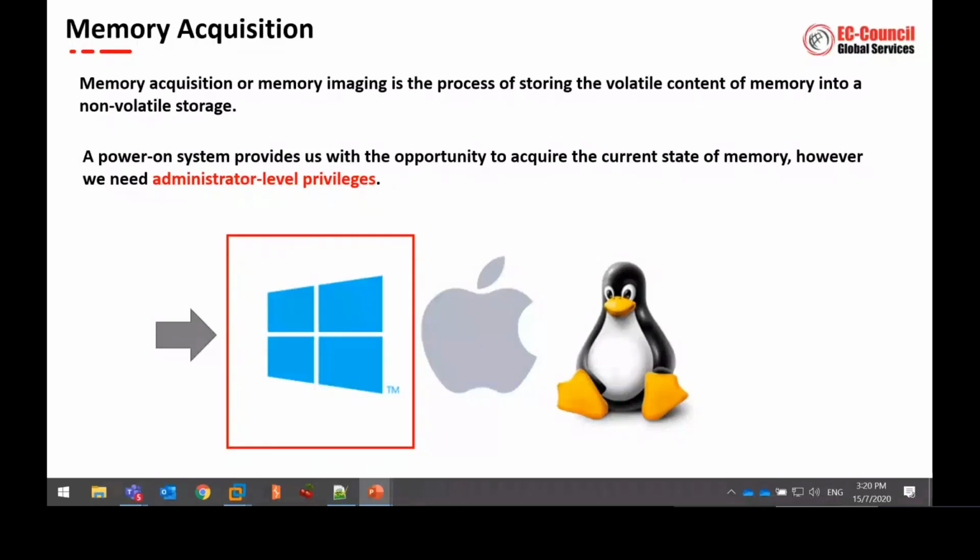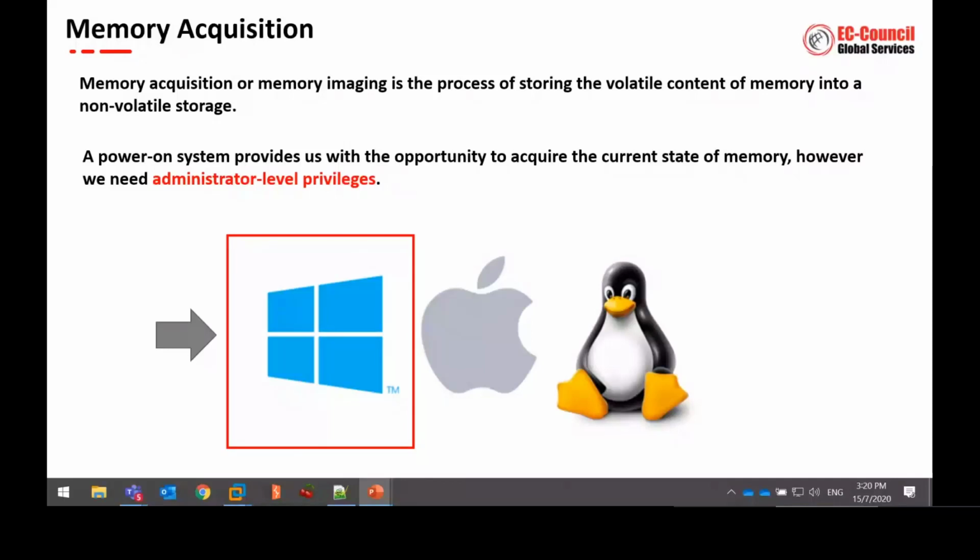But in threat hunting, we normally do it for our own company, on our own assets. Everyone is aware of it because it is proactive, and we can get assistance from our network admin to run our tools with administrator privilege. So it would be easy. There are different techniques to acquire the memory for Windows, Mac, and Linux.